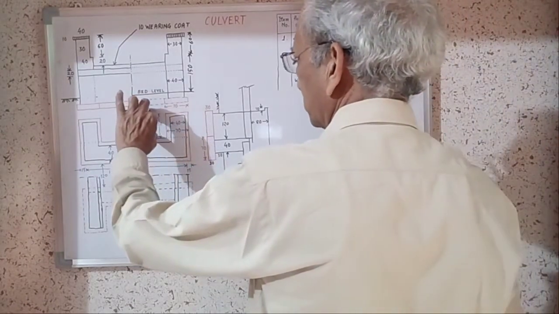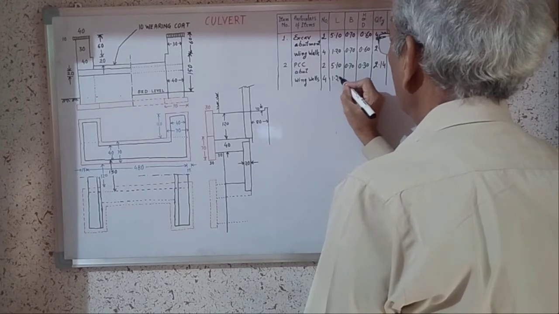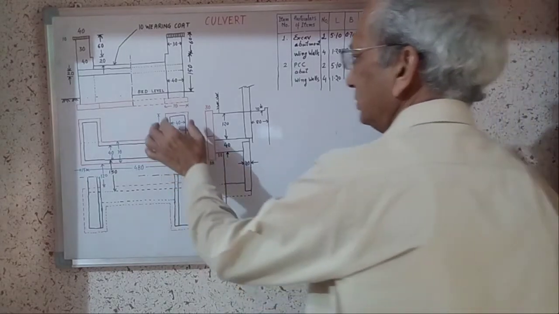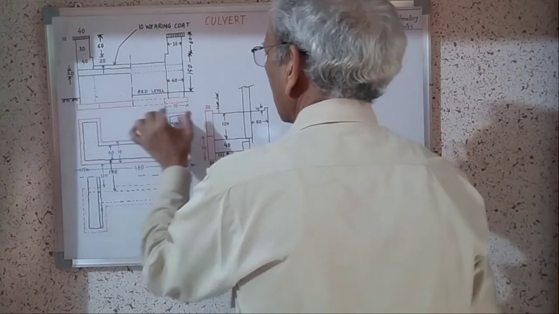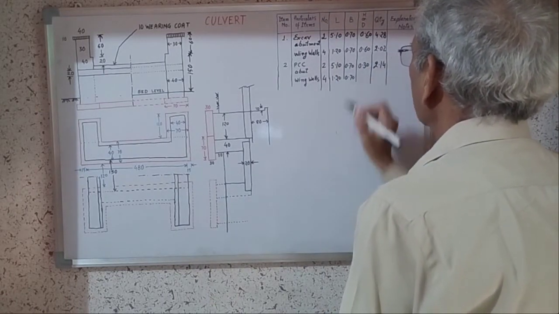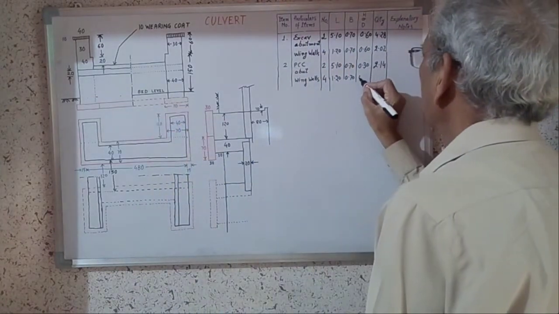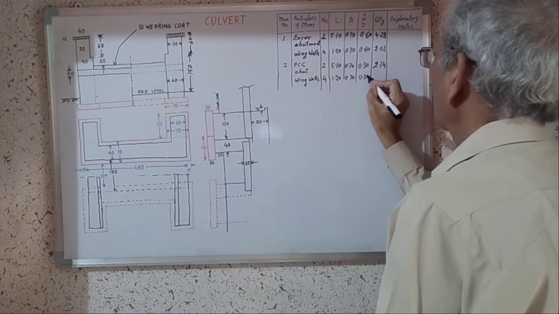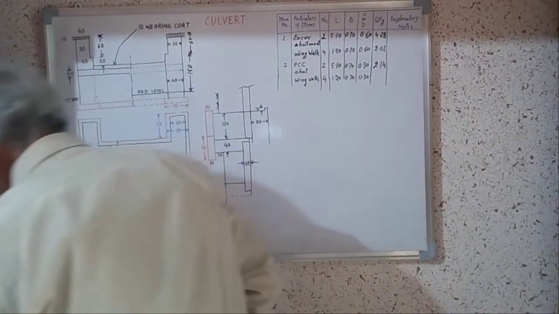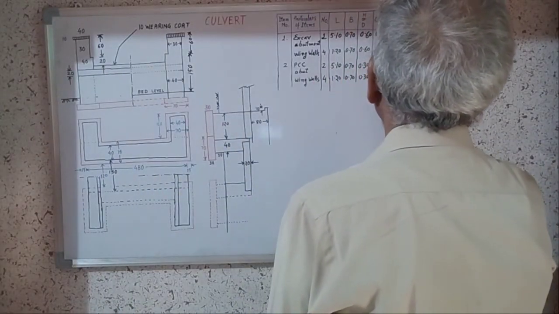This is 1.2 for PCC. Width will be the same, 70, as we have taken in excavation. Now depth will be 30. The quantity will be 1.01 cubic meter.